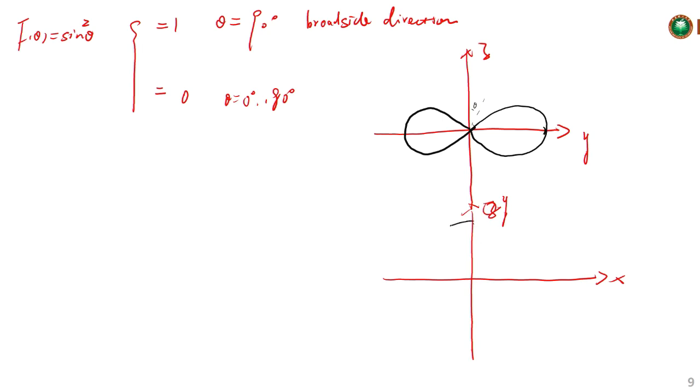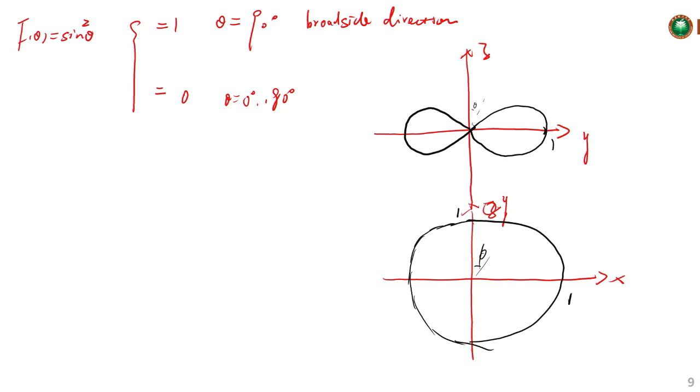In this plane, the angle is the azimuth angle, phi, so it is always a plane like this one, a circle. So this is 1, this is 1, and this is 1.